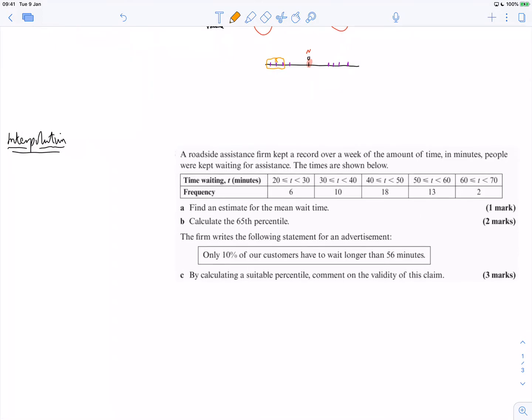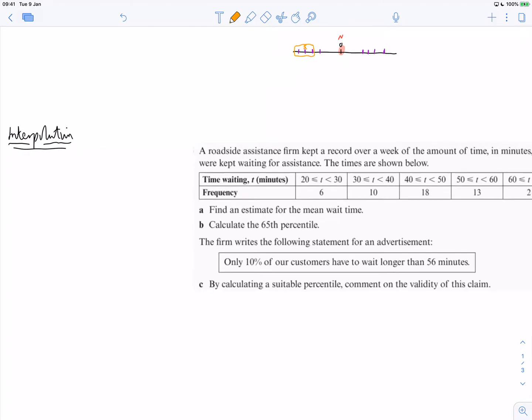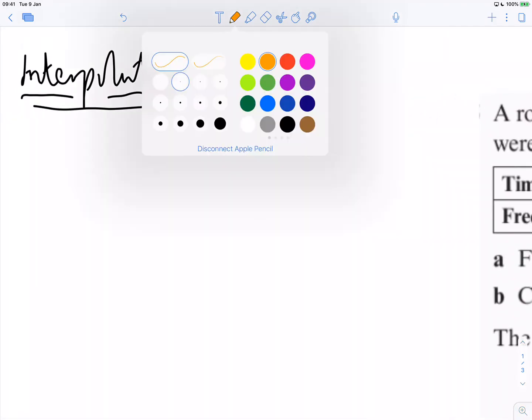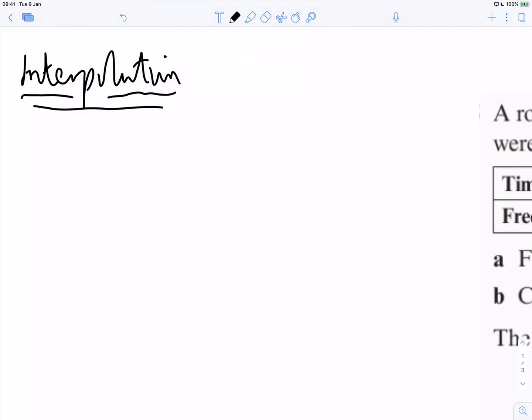Okay, interpolation. Now this is important because interpolation is a really cool idea that essentially it's an estimate. That's the key thing. So the idea is that when we have data, let's say I had a group 0 to 5, and then 5 to 10.